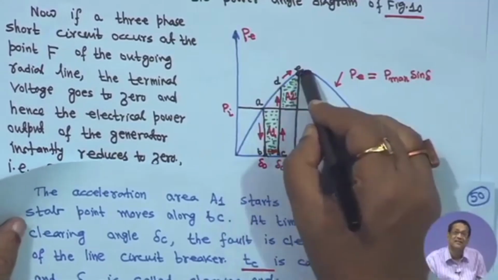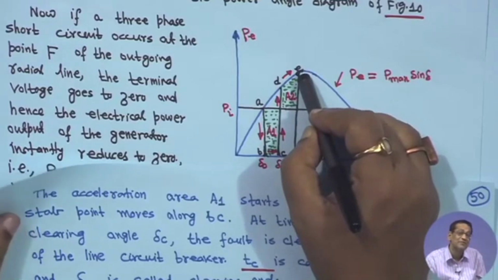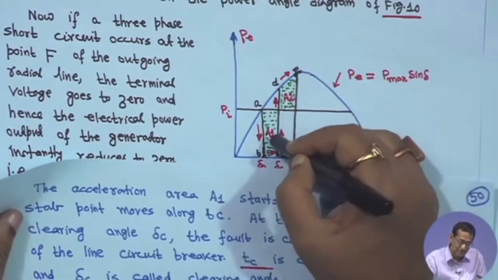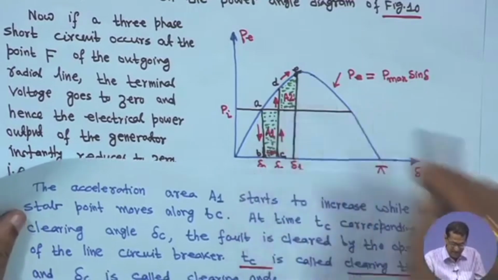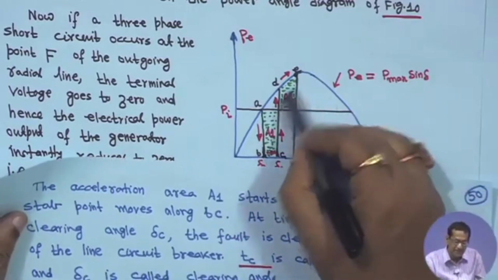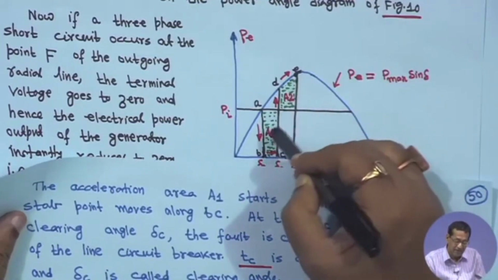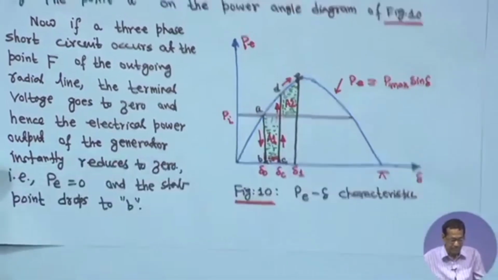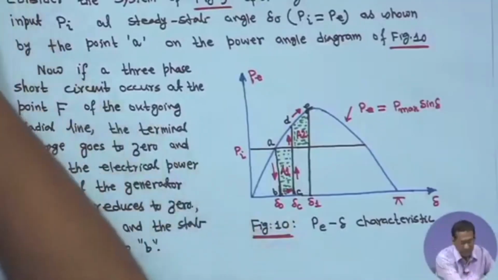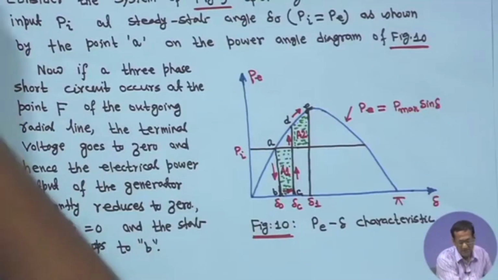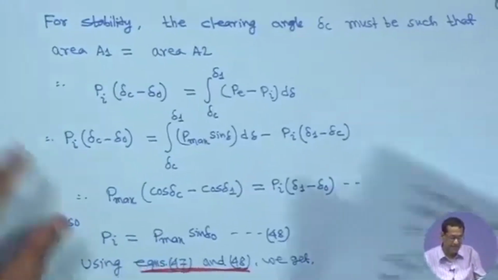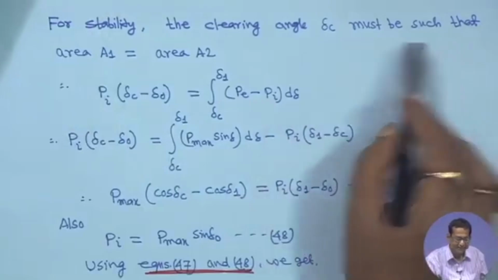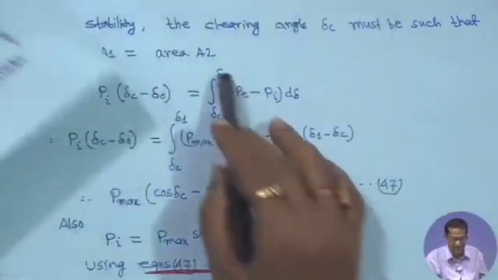It will decelerate till the point E, with the same philosophy for equal area criterion, that when area A1 will become area A2, because A2 will begin to increase till the point E, and when A1 will become A2. Therefore, if area A1 becomes area A2, then for stability the clearing angle delta C must be such that this area A1 is equal to area A2.